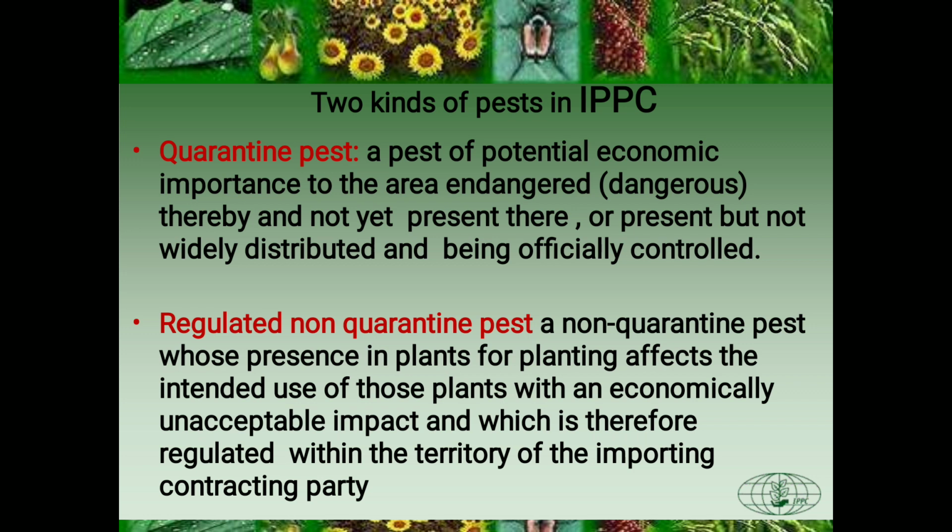So all the countries come together, take a common decision and decide which management strategies are applied for the control of that pest to avoid the loss of the crop. That is called a regulated non-quarantine pest.